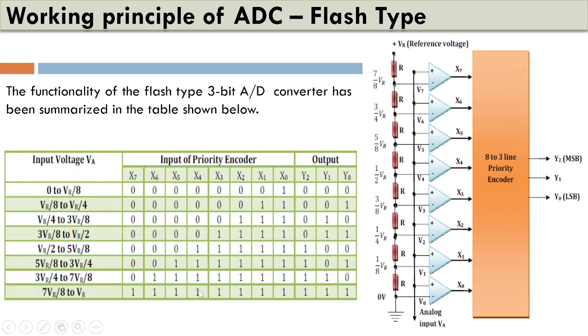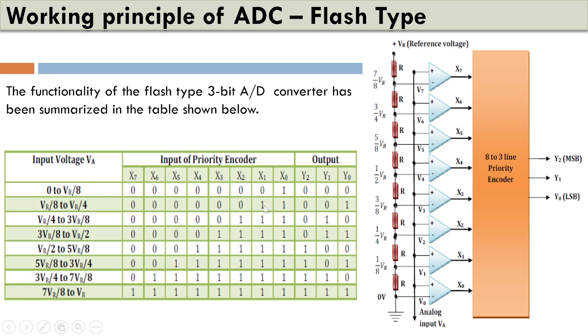Similarly, if we analyze each and every input of these comparators, we are summing it up in a table where we have all the inputs of the priority encoder and the input voltage range. If it is between 0 and 1 by 8 VR, then we can see X0 is 1 and the outputs are all 0. Similarly, if it is between 1 by 8 VR and 1 by 4 VR, then X0 and X1 are high.